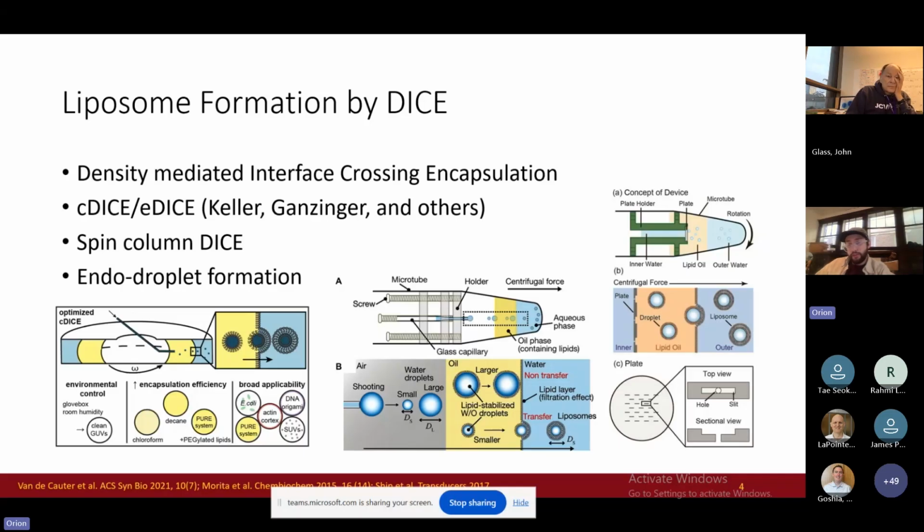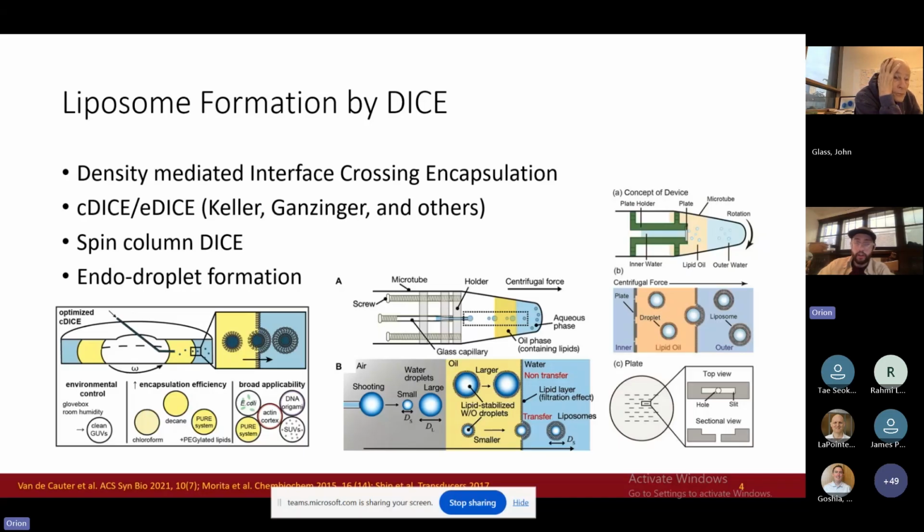But in 2015, Morita et al. published this center figure, a liposome spin column that worked by extruding, under centrifugal force, an aqueous droplet from a glass capillary, that aqueous droplet being your lumen of interest in the ultimate liposome.